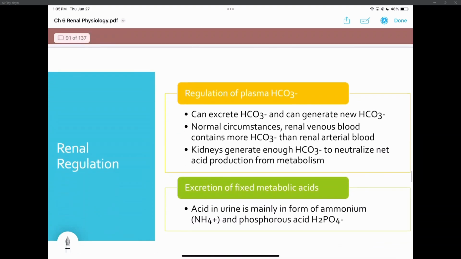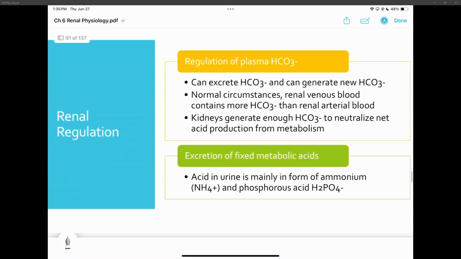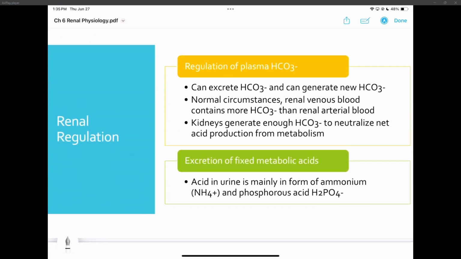So renal regulation now of plasma bicarb. The renal system can excrete bicarb, and it also can generate new bicarb, depending on what's going on. Under normal circumstances, the renal venous blood will have more bicarb than the renal arterial blood. Why is that?